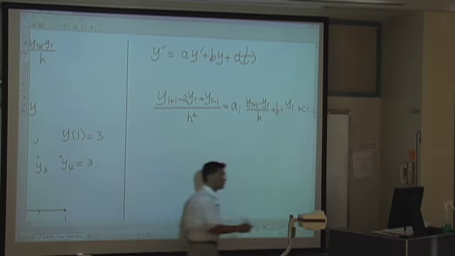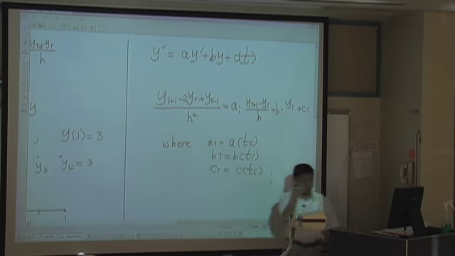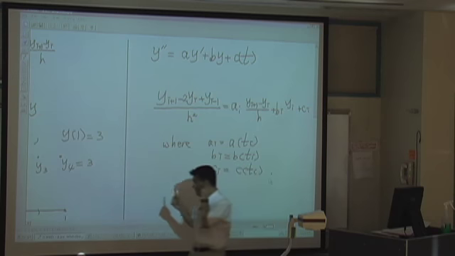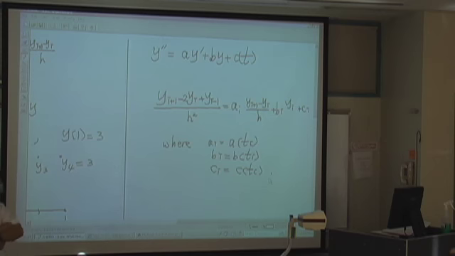Where a sub i is a of t_i, b sub i is b of t_i, c sub i is c of t_i. So I wrote the generic algebraic relation between these y_i unknowns.